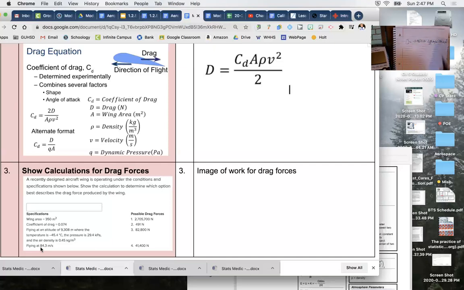Now it's just being very careful with my math, and I'm going to use my calculator for this. For the purposes of this class, I'm for sure going to write down 0.074 times 350 times 0.45, but I'm going to take this 84.3 and square it to get 7,106.49.